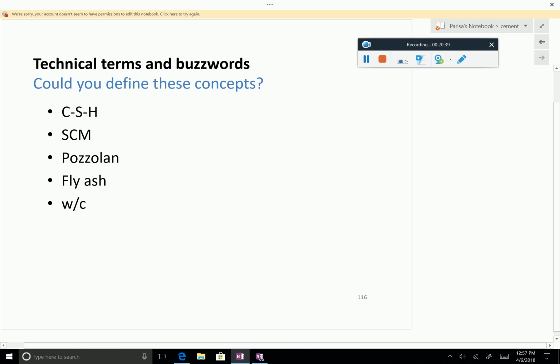Some of the terms that you may want to look up to make sure that you can define them are CSH, which is the main product of cement hydration, pozzolan, water to cement ratio, etc. Feel free to add to this list. Great, good luck.